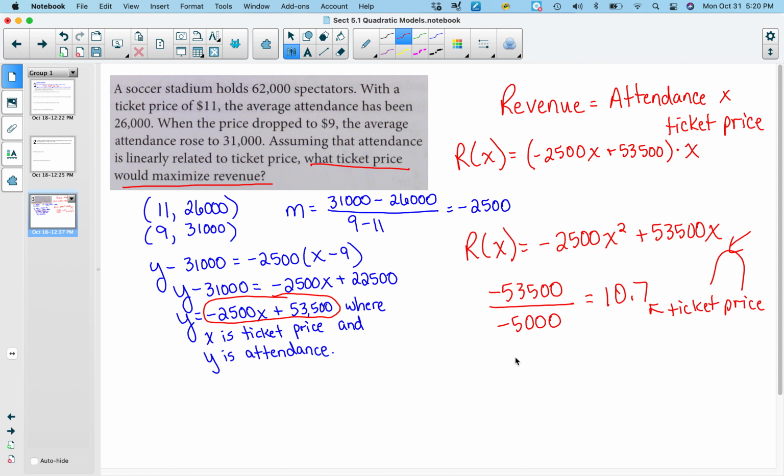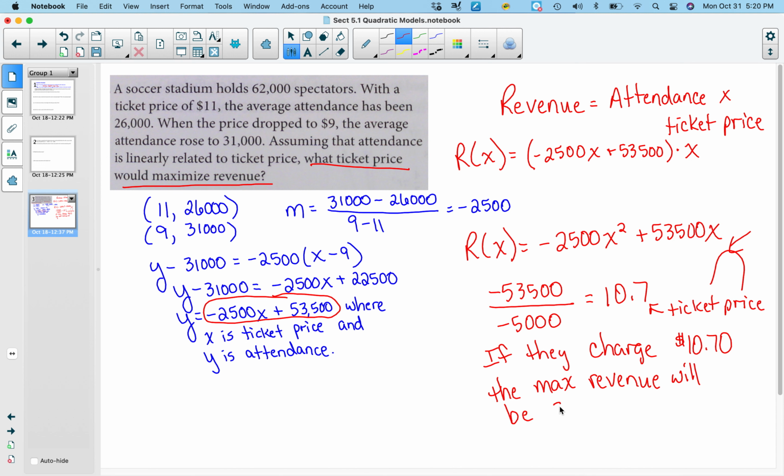So if they charge $10.70, the maximum revenue will be, if you plug this back into your function, $286,225, and that would be the maximum revenue.